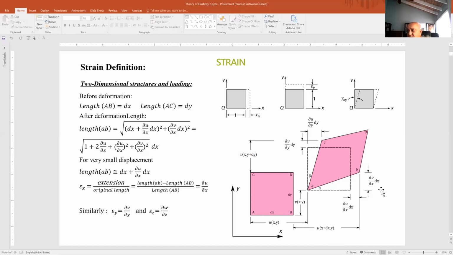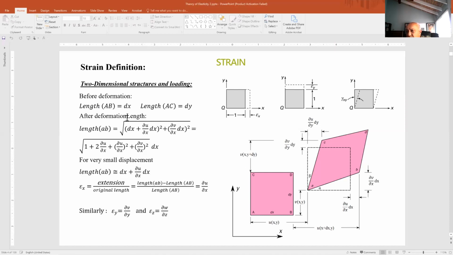Similarly, in the other direction. It is simply a graphical presentation of the deformation of a two-dimensional body. So if I am interested to calculate the strain, I have to see how much AB changes to the lowercase ab. The difference between the length of AB and the lowercase ab would show the strain in x direction and similarly in y direction.